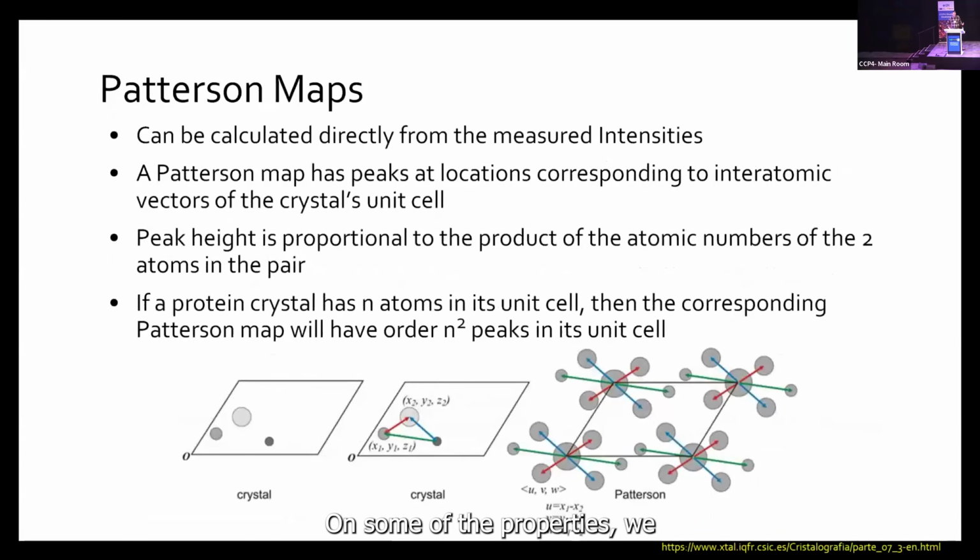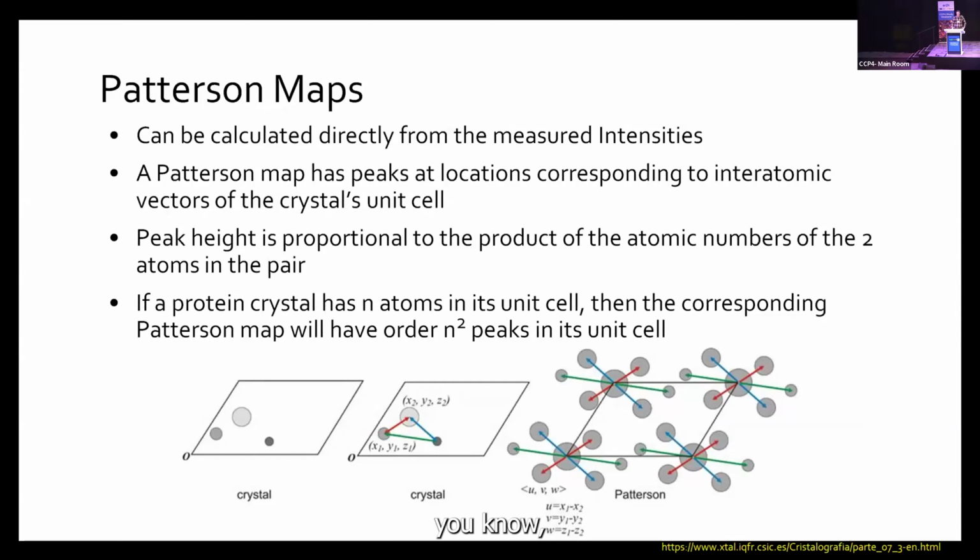Some of the properties: we can just use the intensities that we measure directly, so we bypass the phase problem to make that initial map. The map gives us interatomic vectors between the atoms in the cell, and you're going to have n squared peaks.